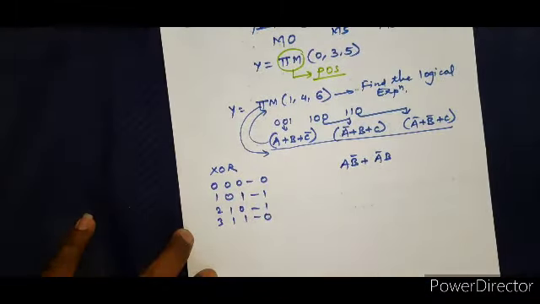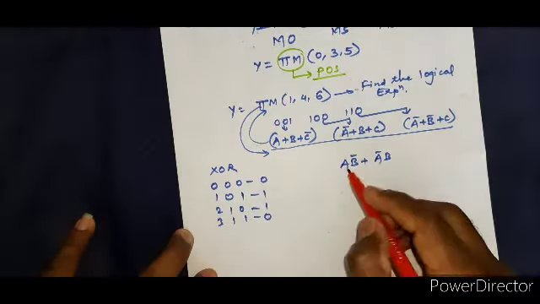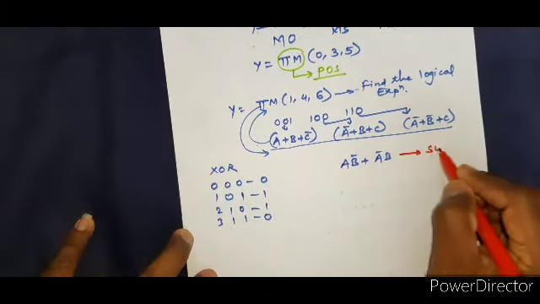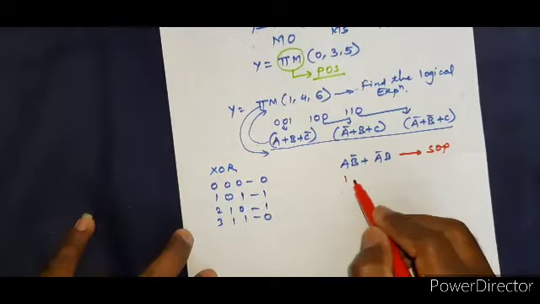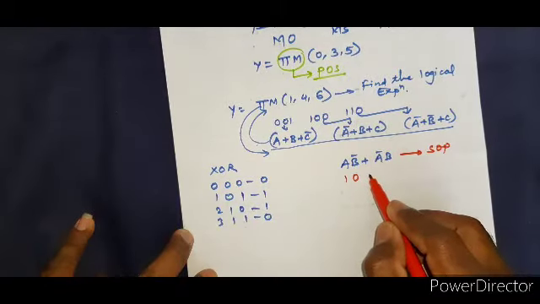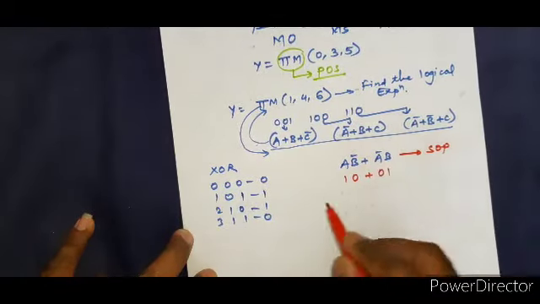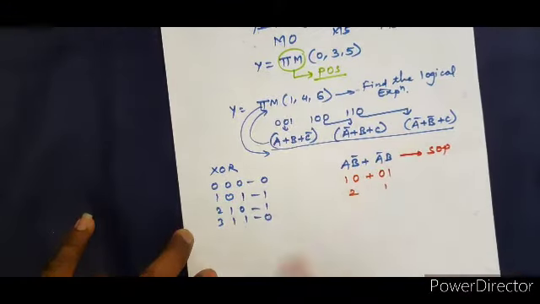Considering SOP form, this is 10 plus 01, so this is 2 and this is 1.